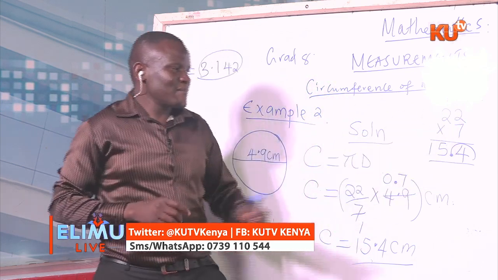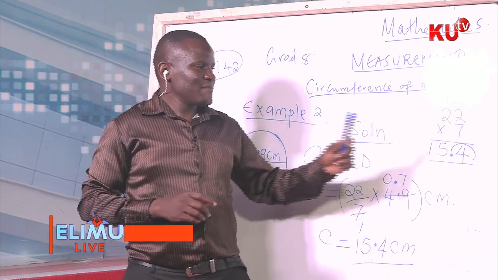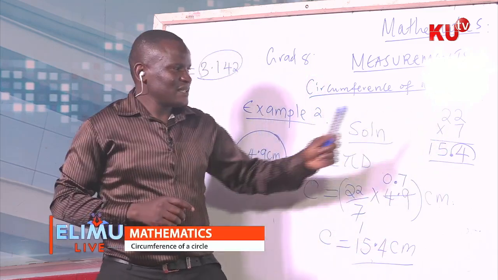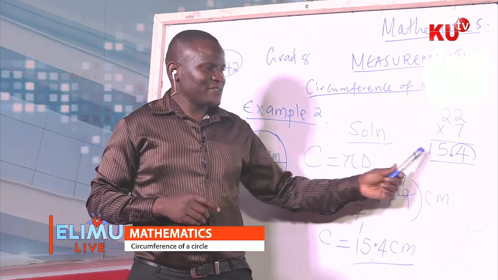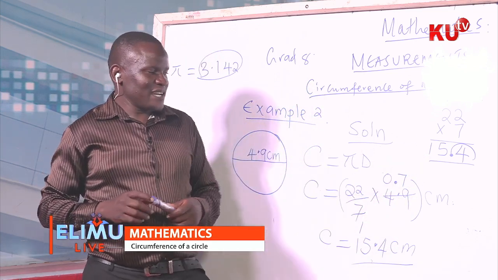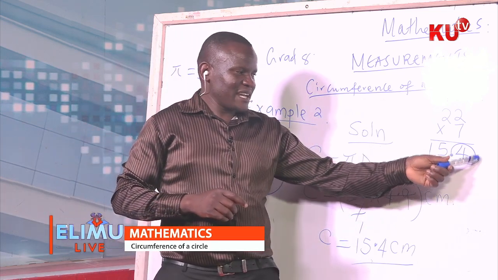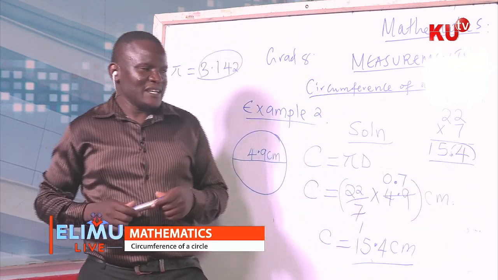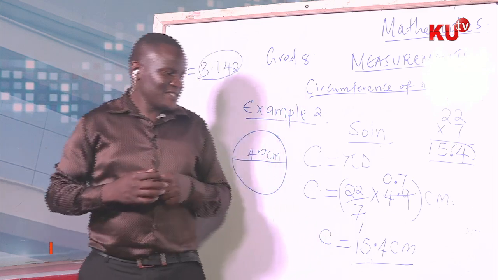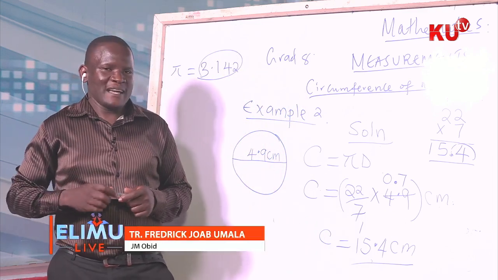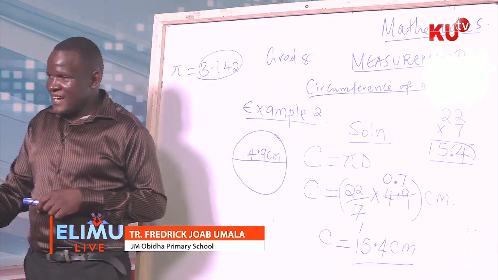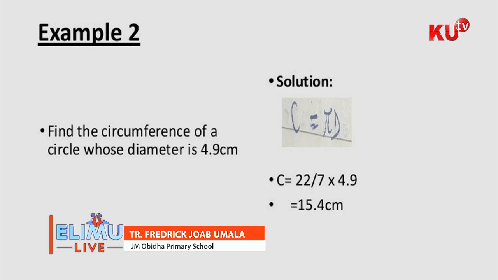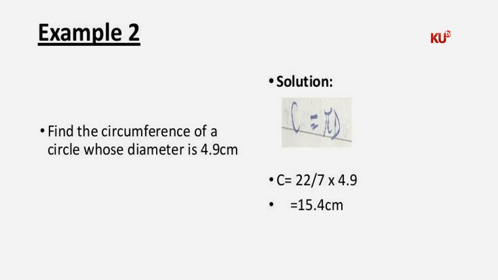When we multiply by 7, 2 multiplied by 7 is 14. We carry 1. 2 multiplied by 7, 14. When we add 1, we get 15. And when we introduce the one decimal place from the right, we shall get our circumference of this given circle as 15.4 centimeters.